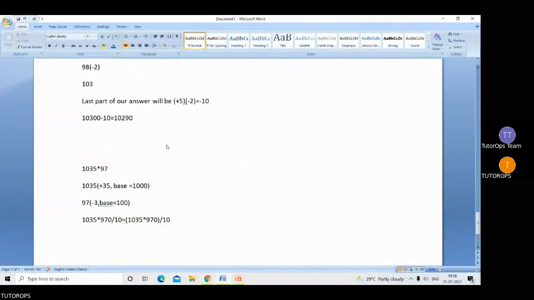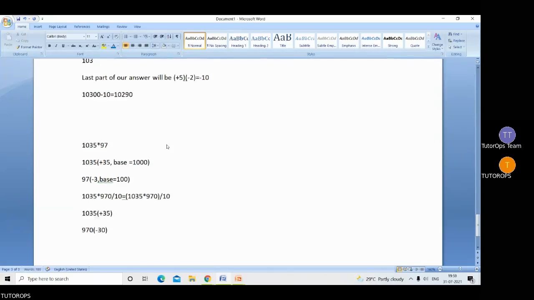So 1035 is plus 35, and now I can safely write 970 as minus 30. When I am putting the similar base, the method will be exactly the same as I mentioned in the previous case. In the previous case, the two numbers had the same base, one above and one below.